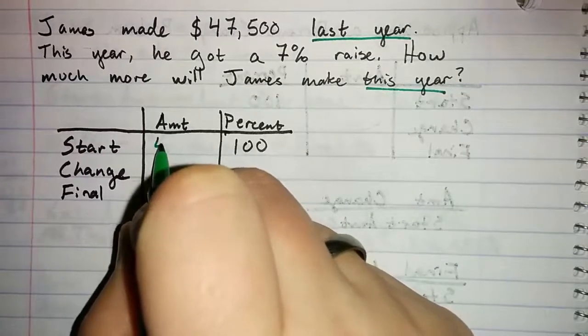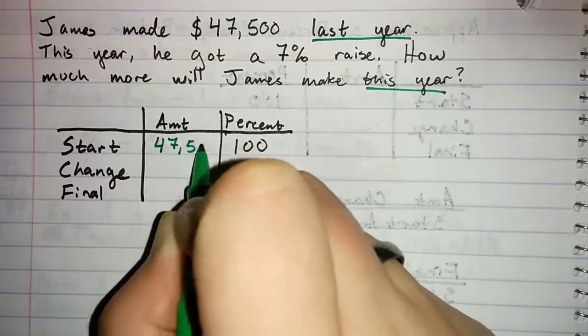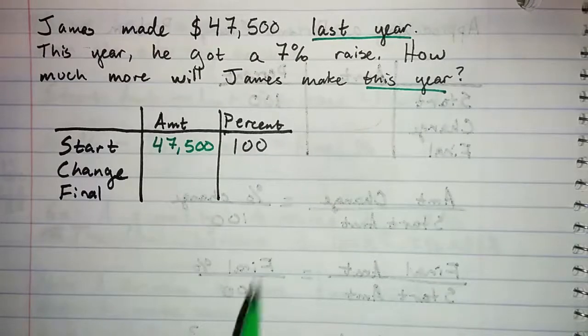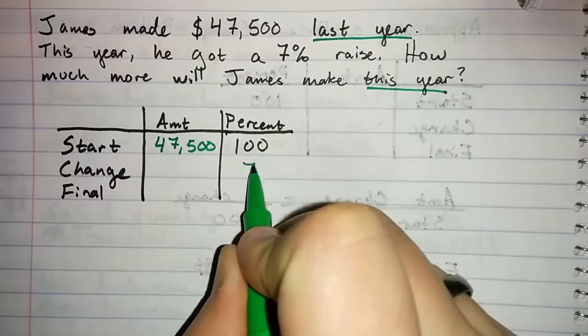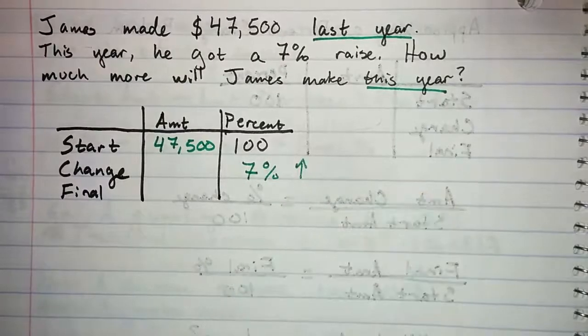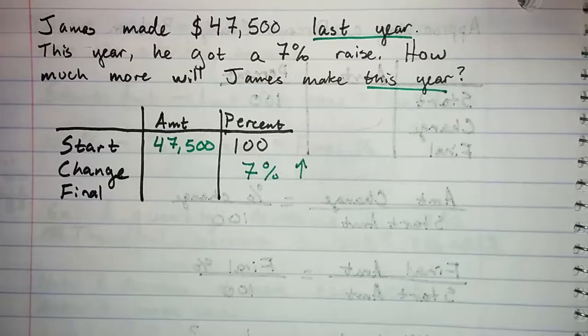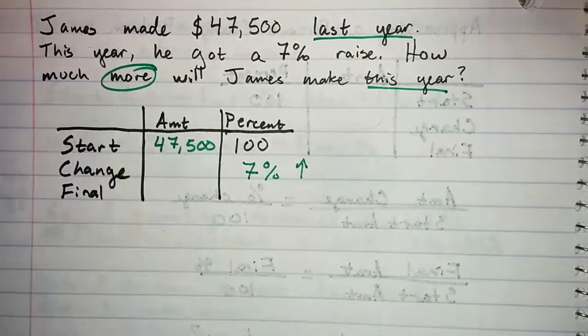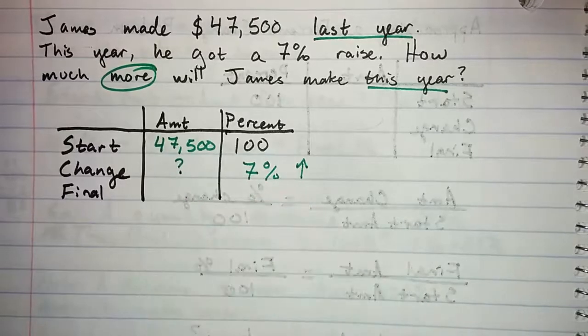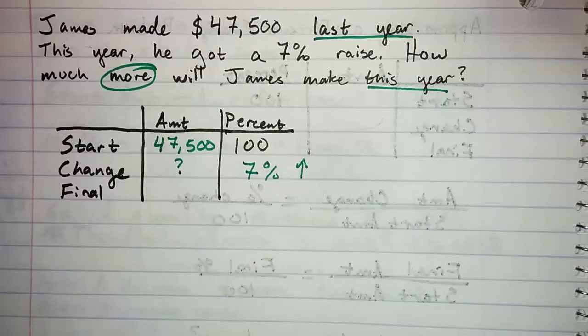So our starting amount will be $47,500. This year he got a 7% raise. So the percent change is 7%. And that's a raise, an increase. How much more will James make this year? How much more? What we want to know is the amount change.